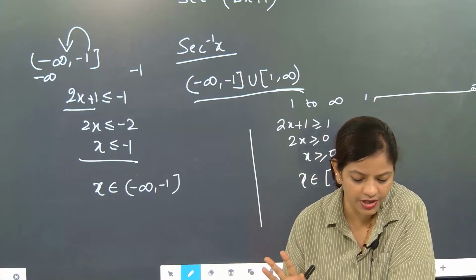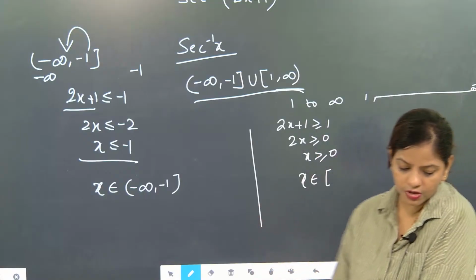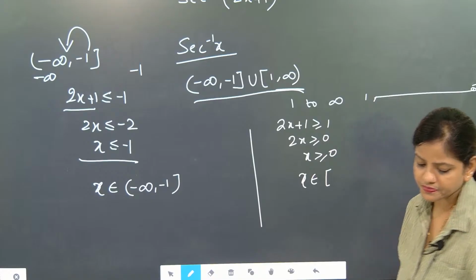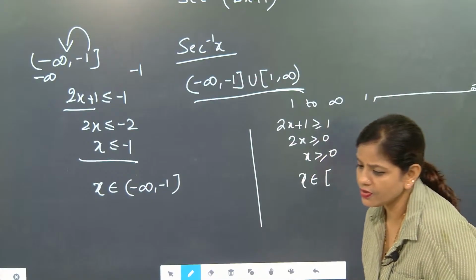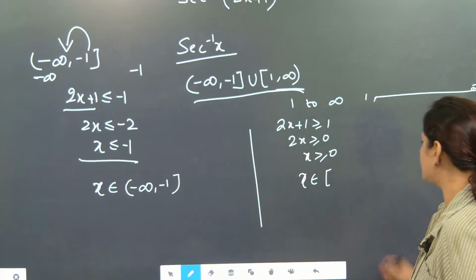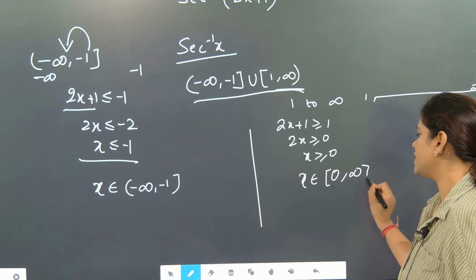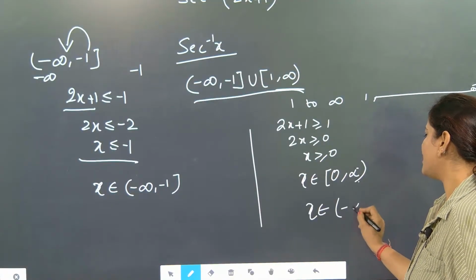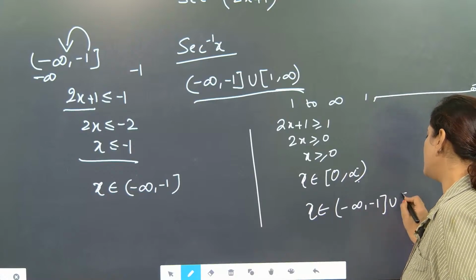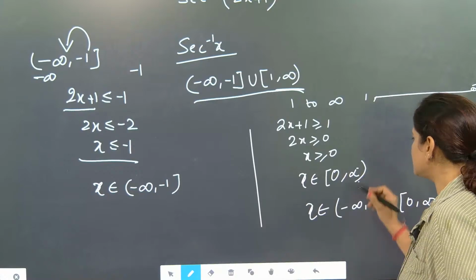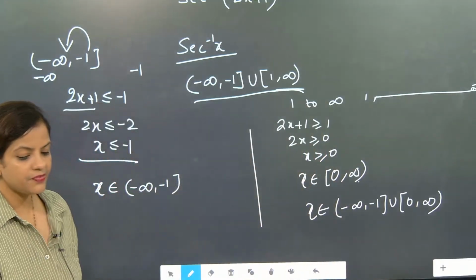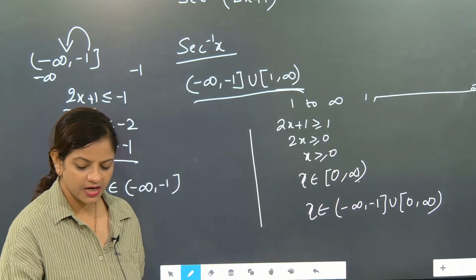Should 0 be included or not? Yes, absolutely, 0 should be included. 0 to infinity, that means infinity should not be included. So x belongs to minus infinity to minus 1 union 0 to infinity. And this is the correct answer. Very good.